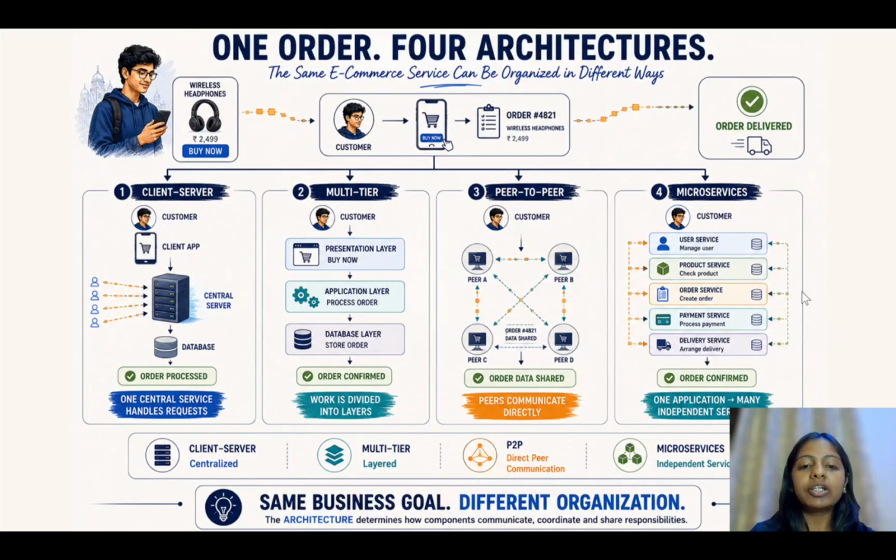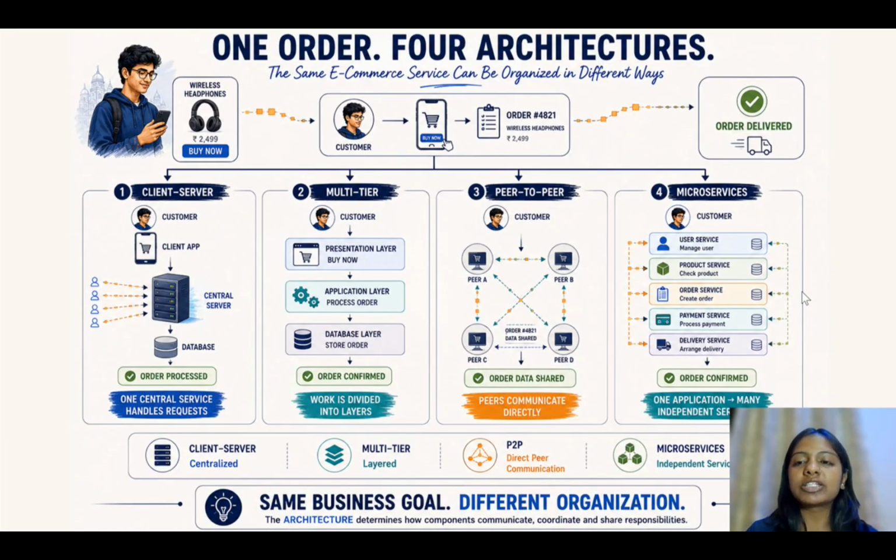In client-server, my client application communicates with the central server, which processes the request. In multi-tier, my request passes through different layers like presentation, application, and database. In peer-to-peer, different peers communicate directly and share the required order information.